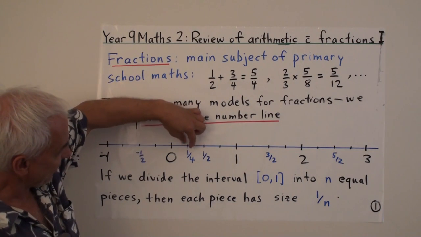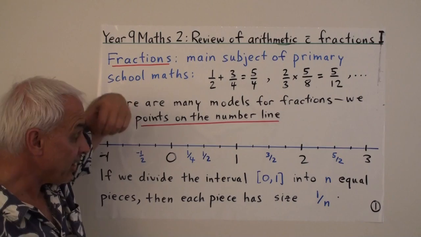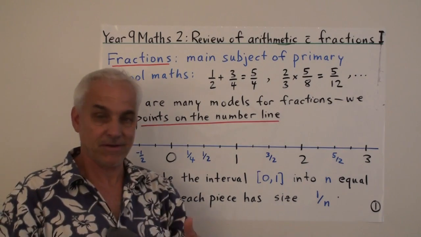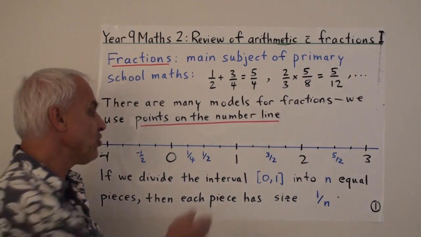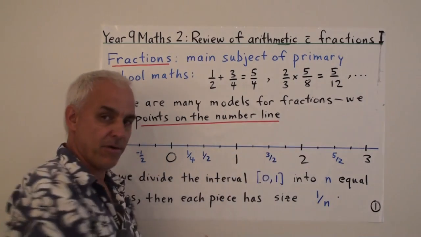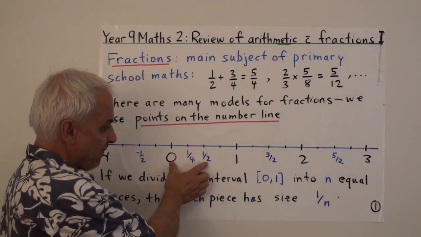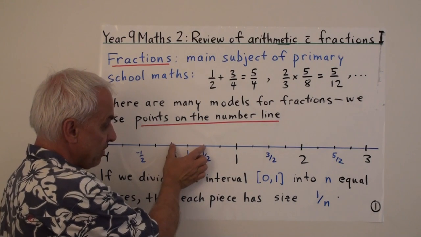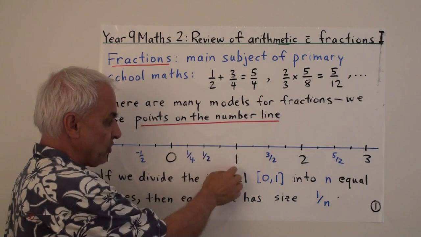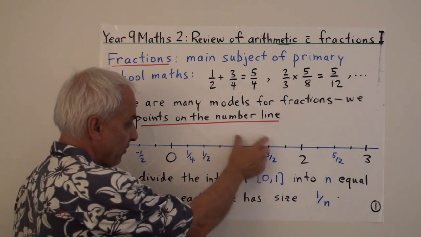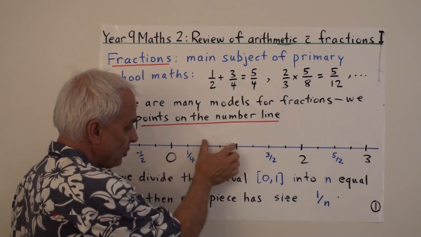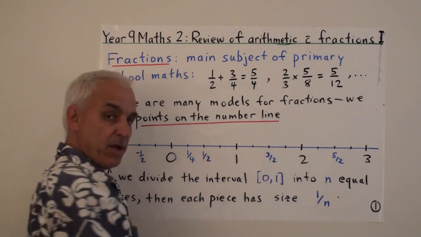Well, once we have this, say, 1/2, then we can use that as a new kind of unit to mark off also other points along the line. So if this is going to be 1/2, then if we take this segment and multiply it by 2, we're going to get 1. If we take 3 of them, 1, 2, 3, then we would get to this point here.